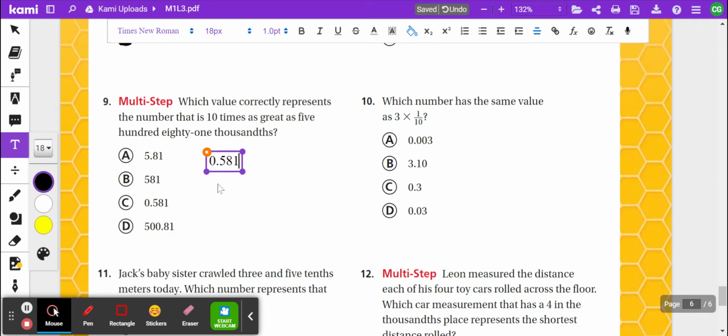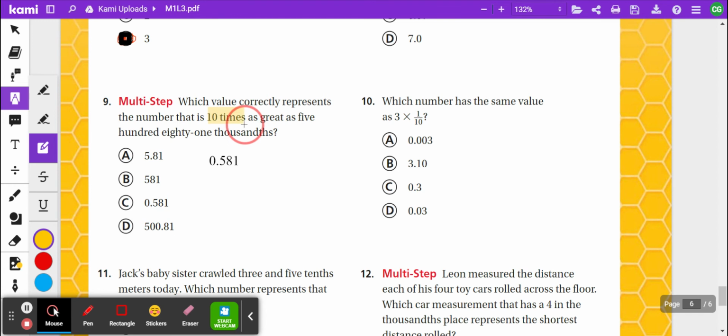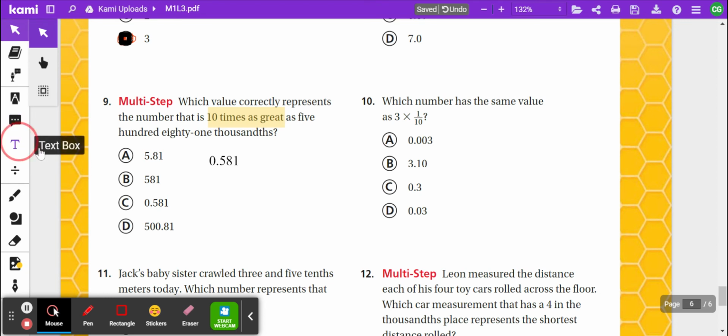Now remember, we're going to move it. When we say that it's 10 times, let me go to my highlighter. We did this last week. 10 times as great means that the number is going to be larger.